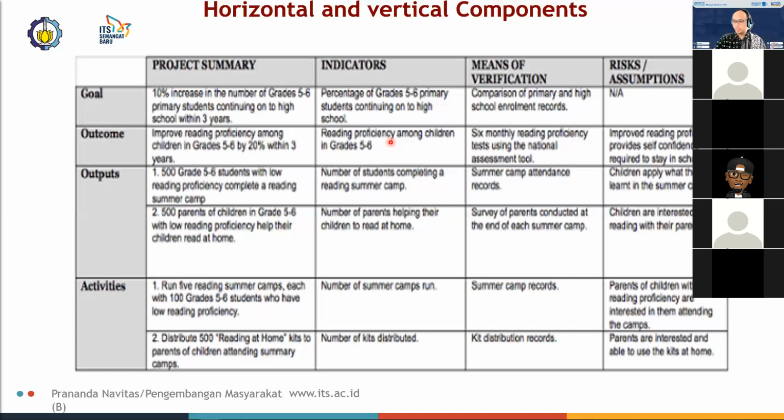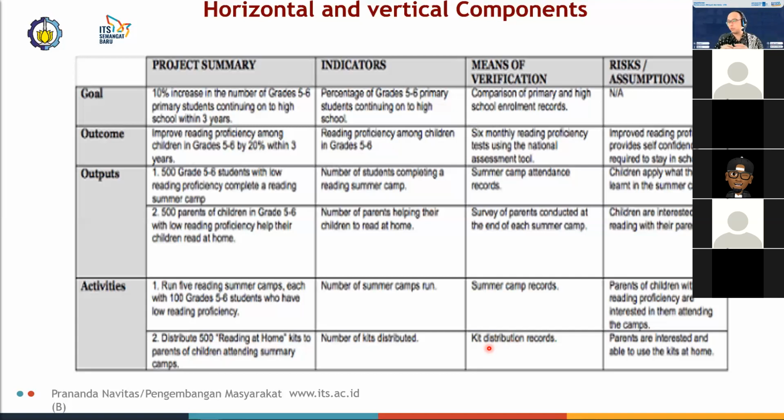For example, if we look at the number of kits distributed and kit distribution records, you want to distribute 500 reading-at-home kits to parents of children attending summer camps. And then you look at the kit distribution records and you think, okay, all 500 kits have been distributed.